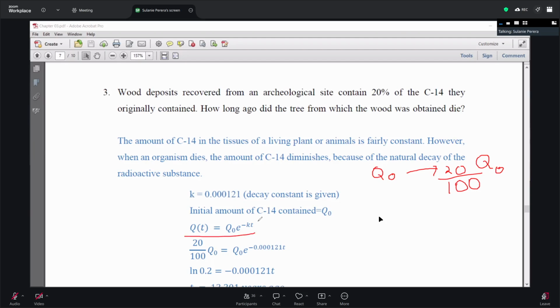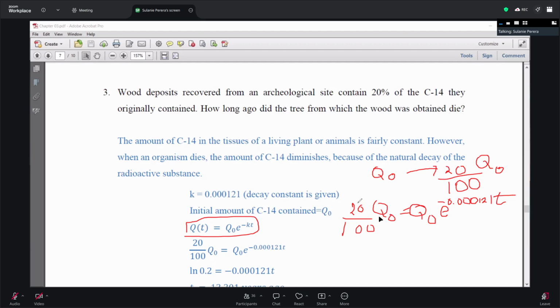So if you substitute in this equation, for Q(t) we substitute 20 over 100, that is 20% of Q naught. The original amount we don't know, that's why we write it as Q naught. e to the minus k t, where k is given as 0.000121.